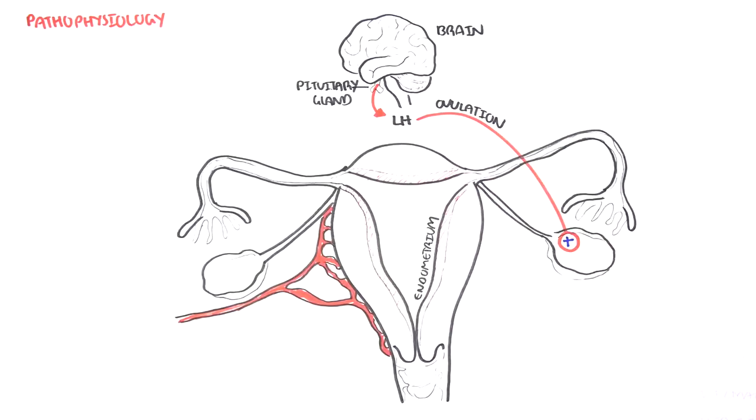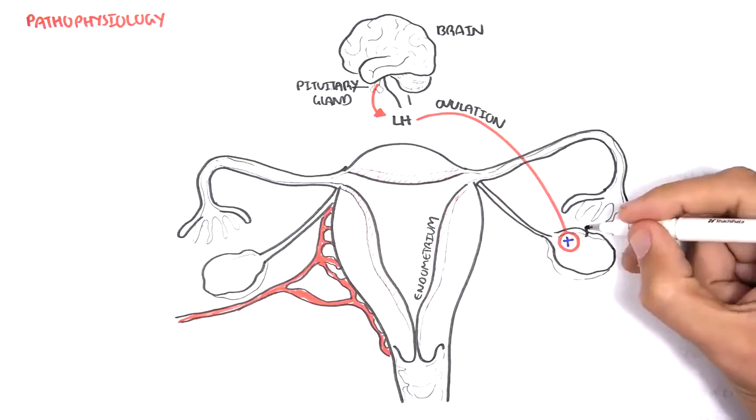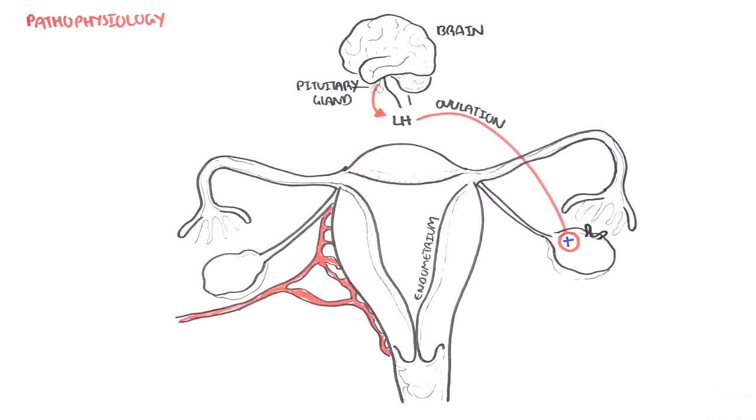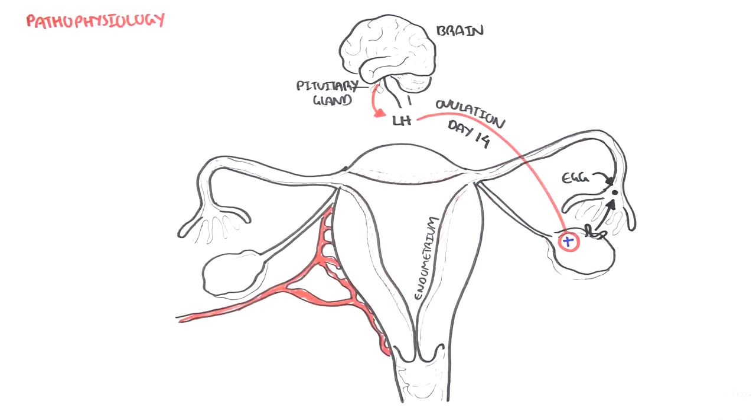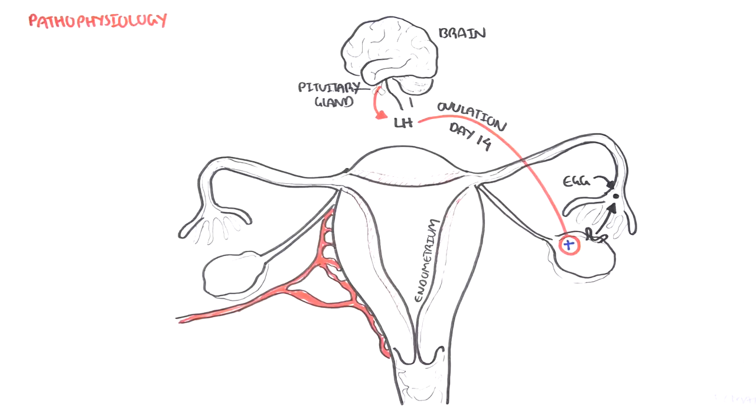So it targets the ovaries, telling them to release an egg at day 14 of the female reproductive cycle, so mid-cycle. The egg will then travel through the fallopian tube and will either be fertilized or not fertilized by the sperm. Let us say that there is no fertilization, that there is no sperm. No fertilization means that menstruation will occur in 2 weeks. So this person will have a period in 2 weeks.